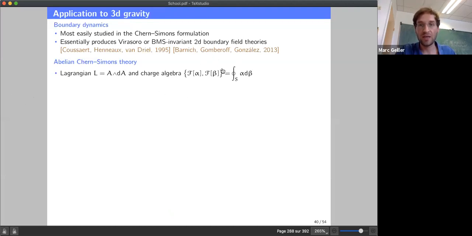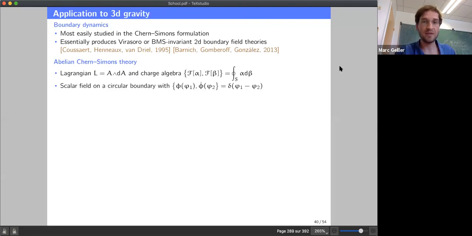Again, I invite you to check that the charge algebra for this abelian Chern-Simons theory is a centrally extended U1 charge algebra. If I take A to be, for example, a U1 gauge field, the gauge transformations are U1 gauge transformations generated by the boundary charge F, and the bracket between F smeared with alpha and F smeared with beta is a U1 current algebra with a central extension alpha d beta.